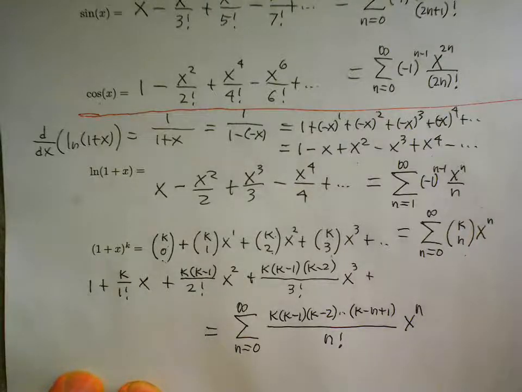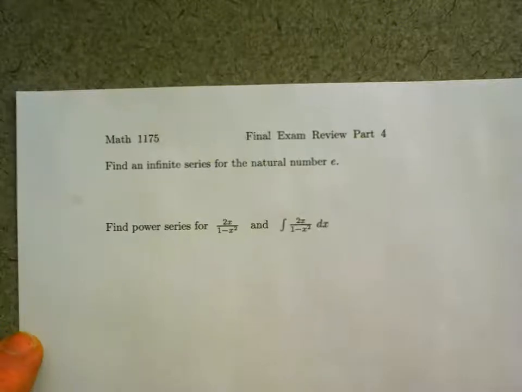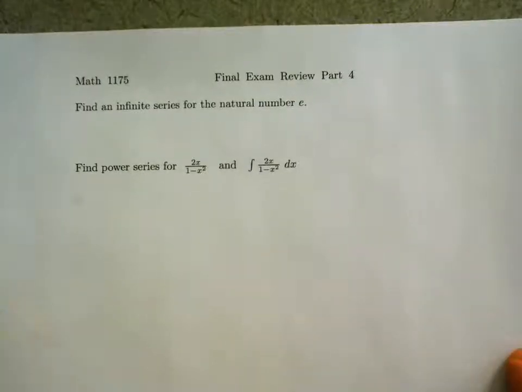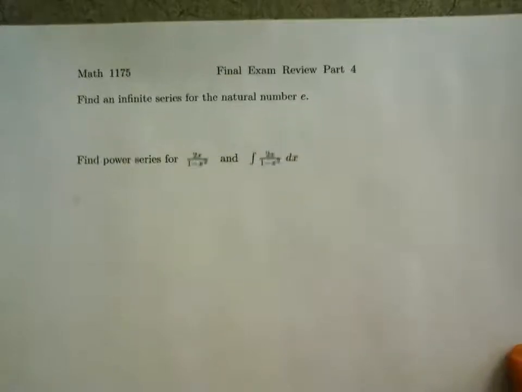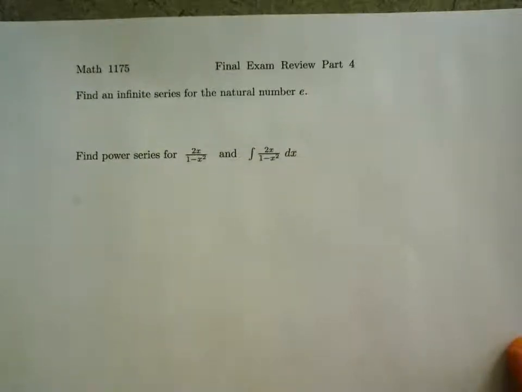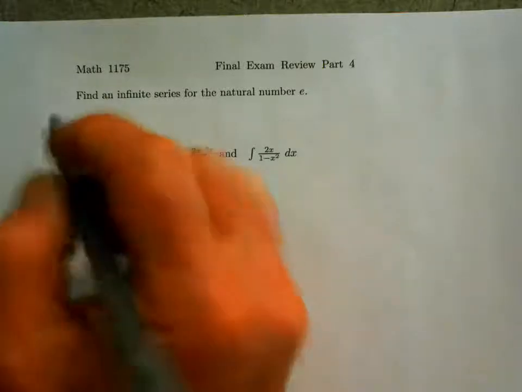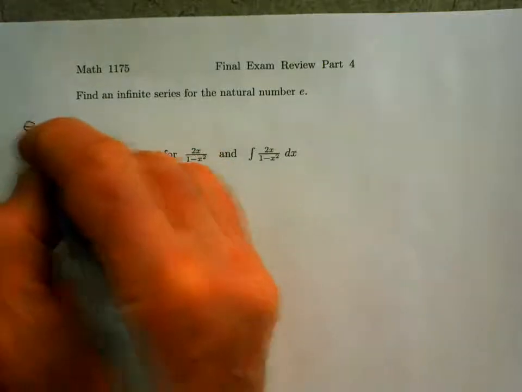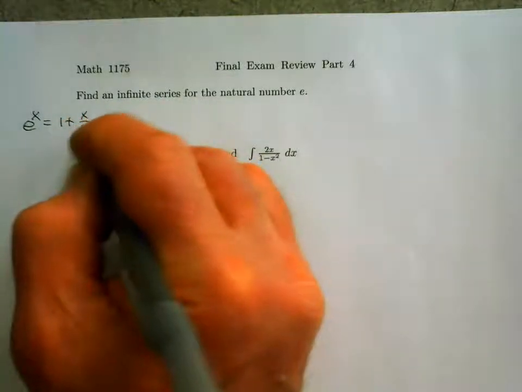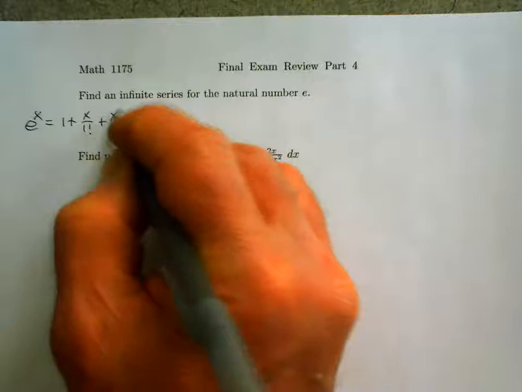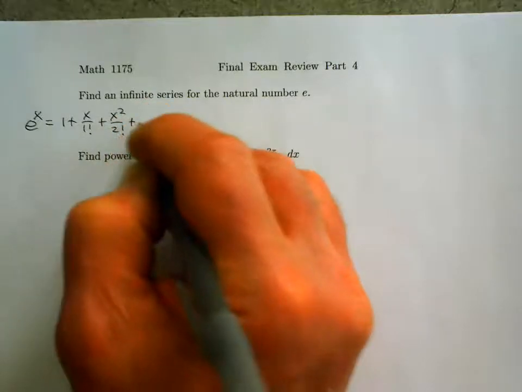Okay, the next page. So at the very top, find an infinite series for the natural number e. So let's just rewrite what e to the x is. E to the x is 1 plus x over 1 factorial plus x squared over 2 factorial, and so on.